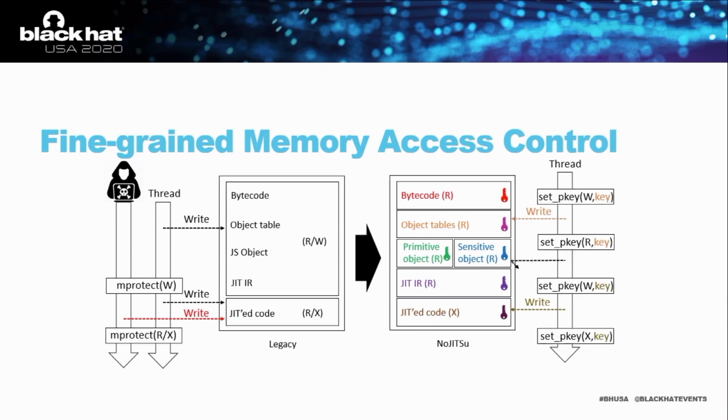For example, when there is an instruction to write on object tables, we only open a write window of the object table for this instruction so that other kinds of data are not affected. Moreover, the attacker can no longer utilize a race condition because the write window is independent from the attacker's thread.